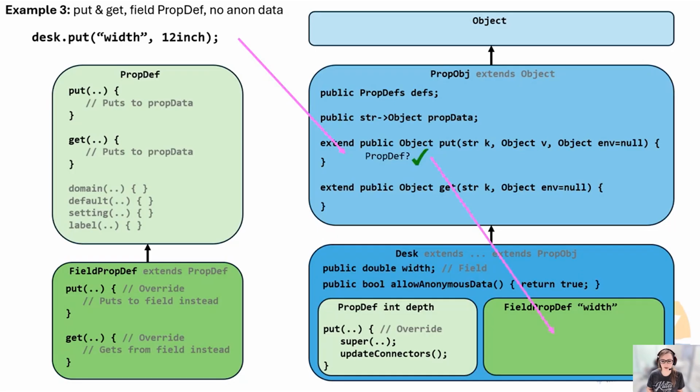It's going to forward onto the behavior defined by this field PropDef, which is defined over here. And it's going to look at that override of the PropDef's put, and it's going to put to the field instead. So it's going to put that value here. Get will do the same and pull from that field right there.